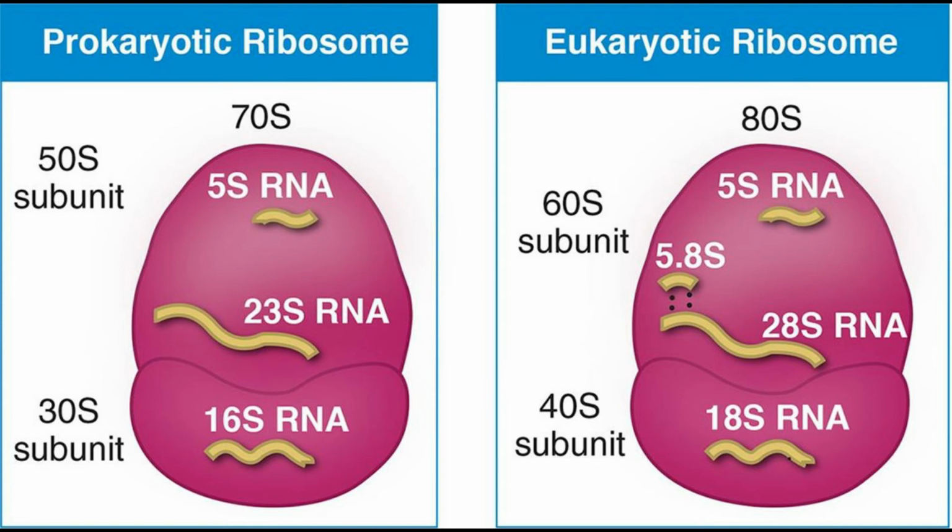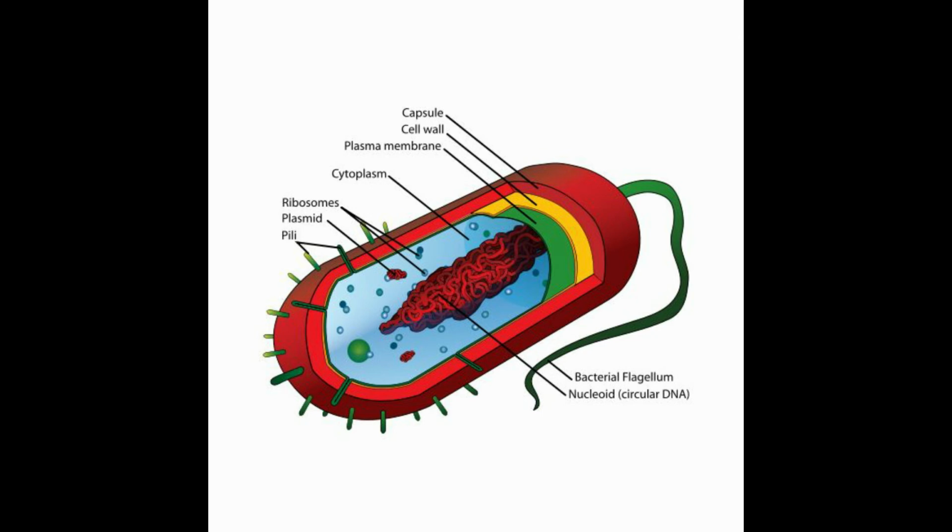Some prokaryotic cells have flagella, which are tail-like structures that enable the organism to move around. They may also have pili, small hair-like structures that help bacteria adhere to surfaces and can allow DNA to be transferred between two prokaryotic cells in a process known as conjugation.